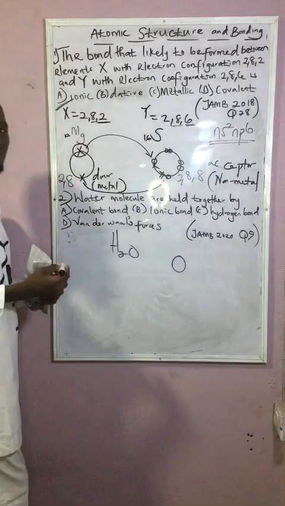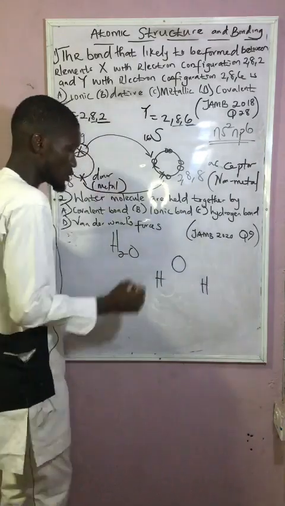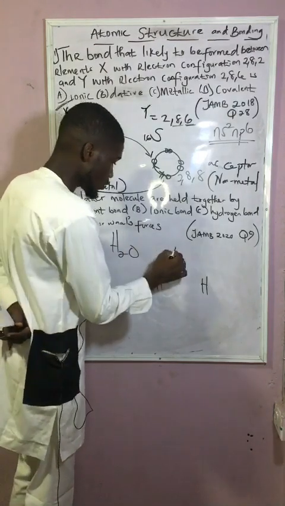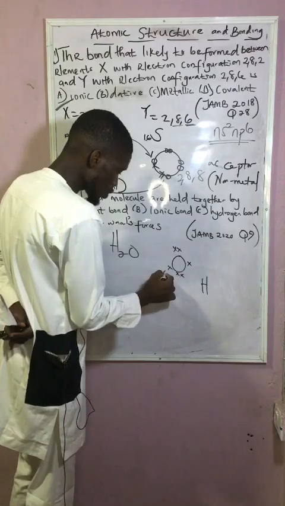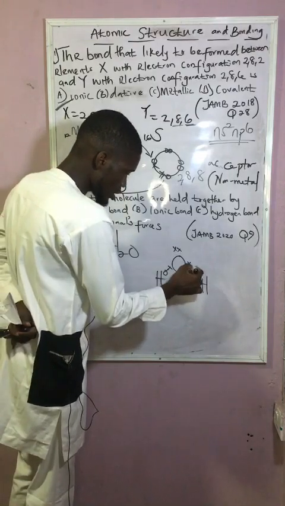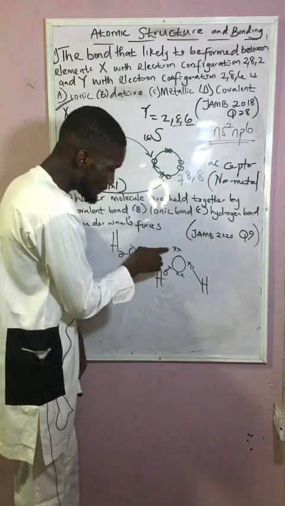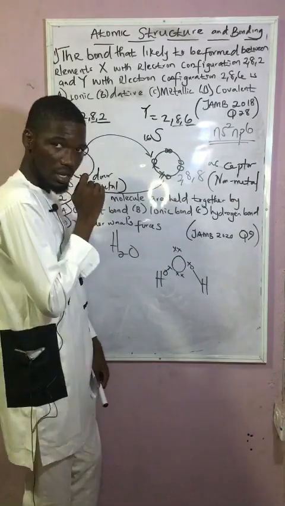Oxygen will act as the central atom. We have one hydrogen here, another hydrogen here. So let's go. The outer electrons of oxygen are 6. 1, 2. So one hydrogen like this, one hydrogen like this. So now, guys, we have lone pair, and we have bond pair.